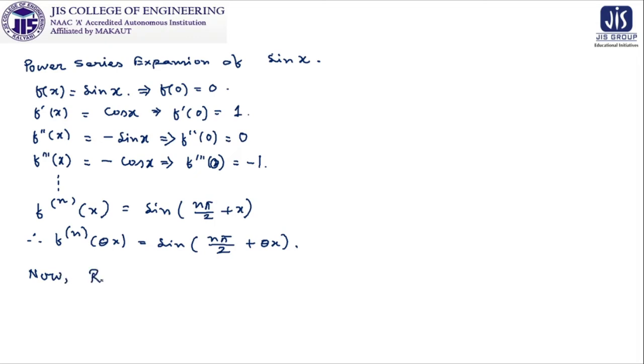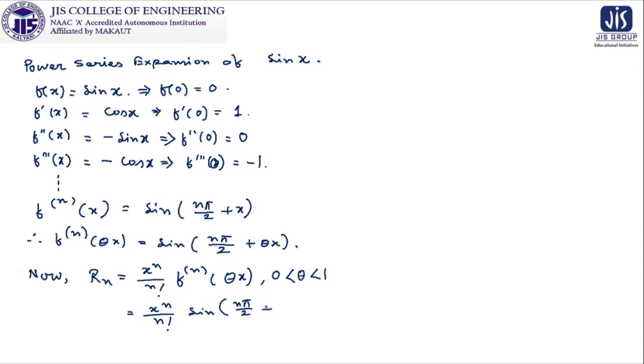Now the remainder term comes into play. It is x to the power n by n factorial f^n(theta x). Obviously the range of theta is between 0 and 1. We can write it as x to the power n by n factorial sin(n pi by 2 plus theta x).